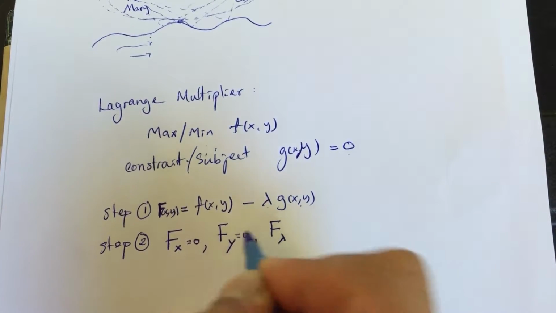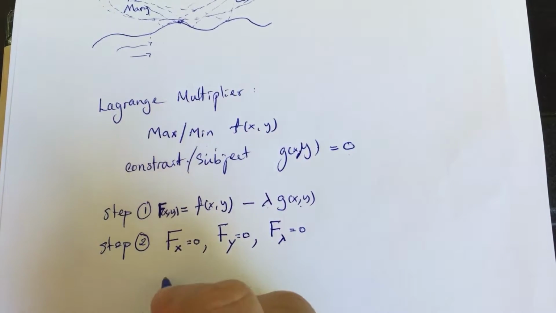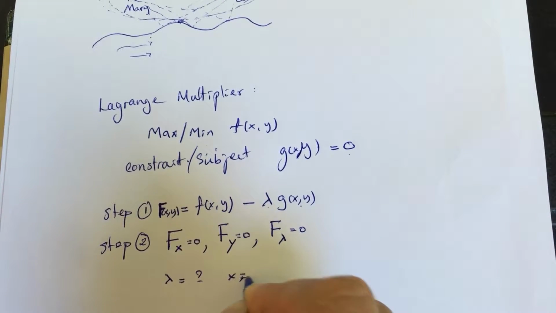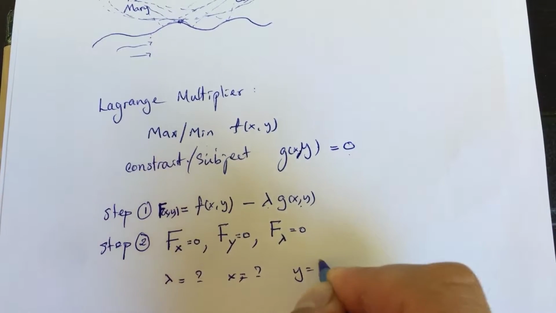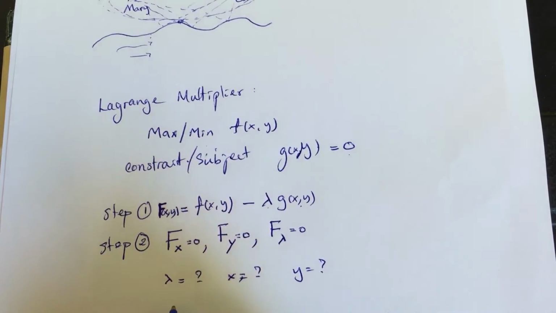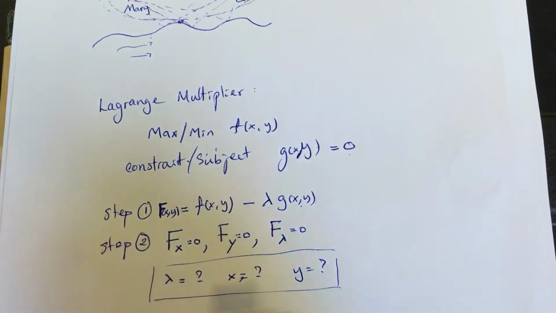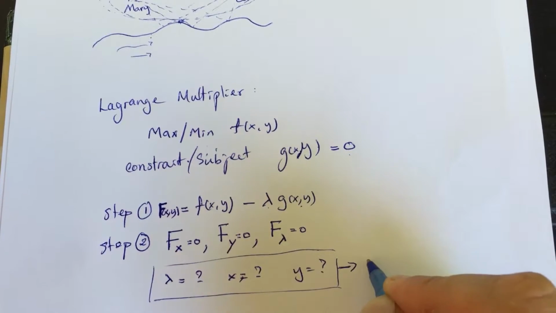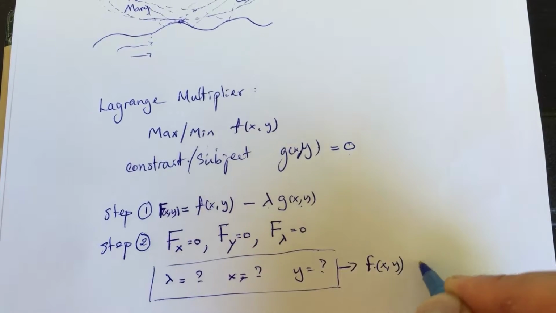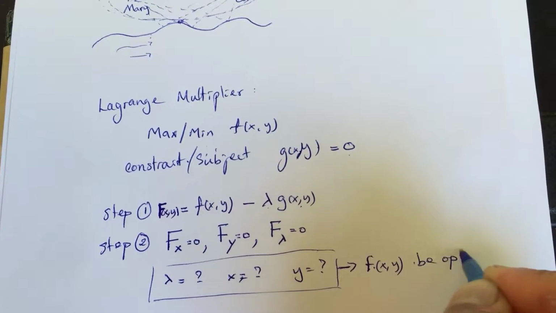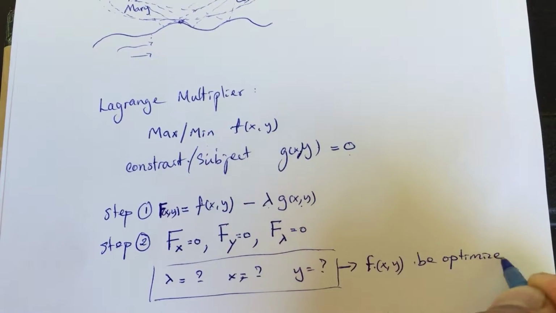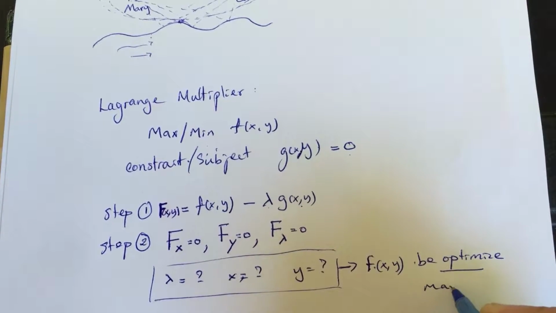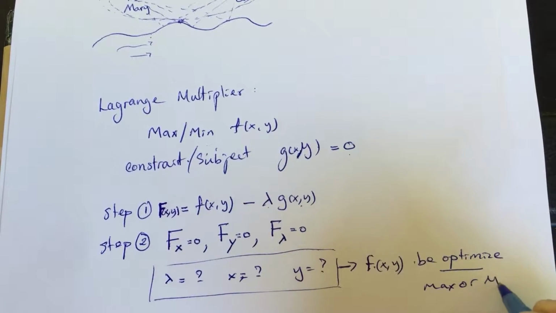We set each one equal to 0, and what we want to find is what lambda is, what x is, and what y is that satisfy this condition. If we can find these, the solution implies that little f of x comma y is optimized. And of course we need to identify whether it is a maximum or a minimum.